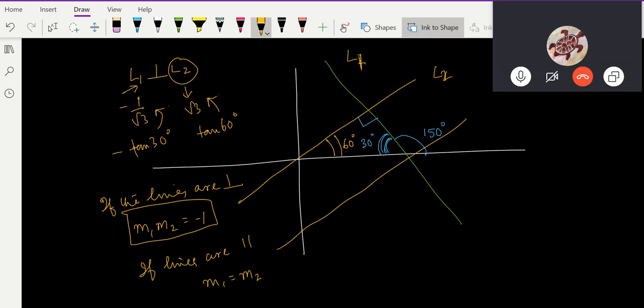If I have a parallel line like this, then the slopes of L2 and L3 are equal, right? Yes, sir. This is a very important property which we will use when we are dealing with lines.